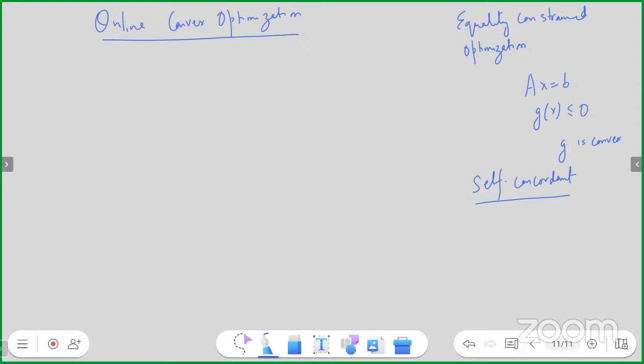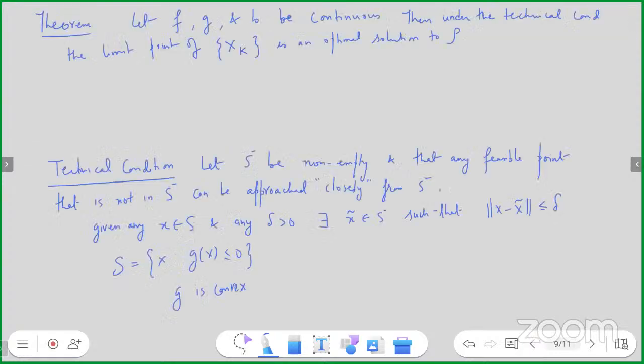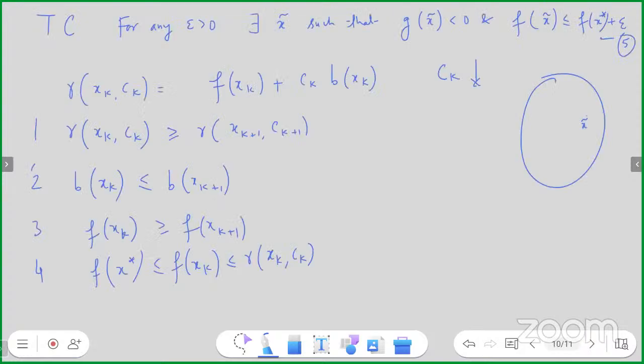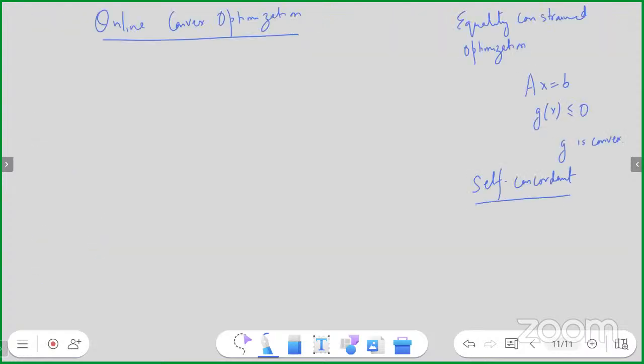And it helps you avoid solving this constrained problem. So once you work with self-concordant barrier functions, you don't have to do the constrained optimization here. That's the power of it. So most likely I'll cover that. If time permitting, I'll just give you a definition of online convex optimization. Otherwise, next semester. All right, let's stop here.